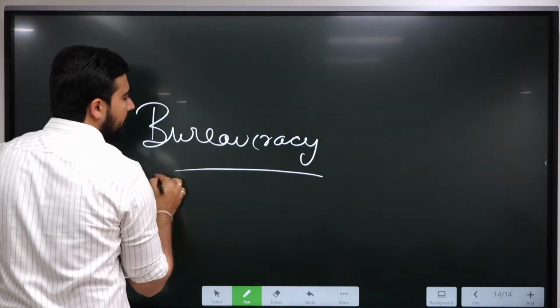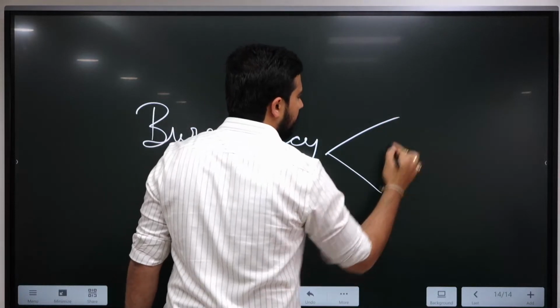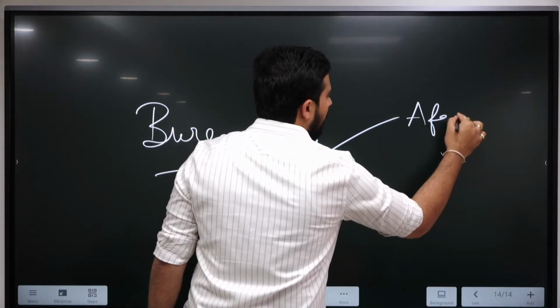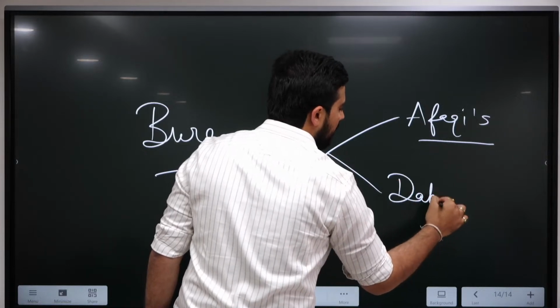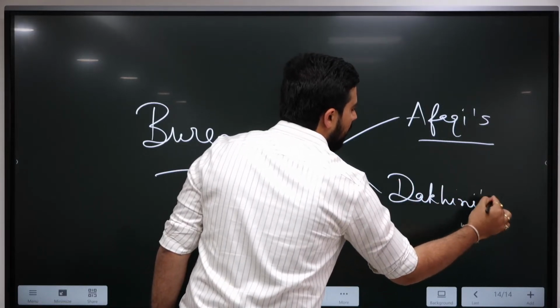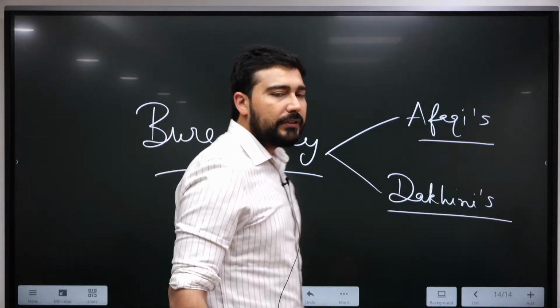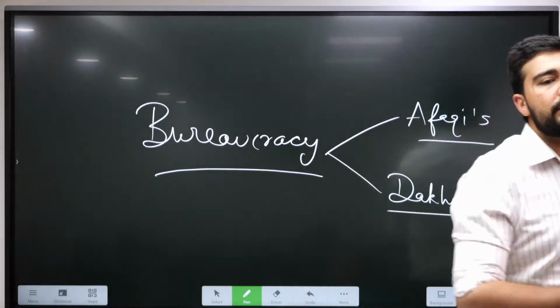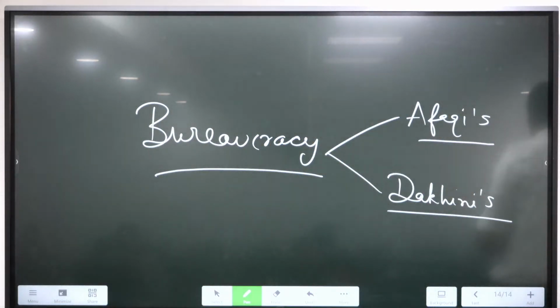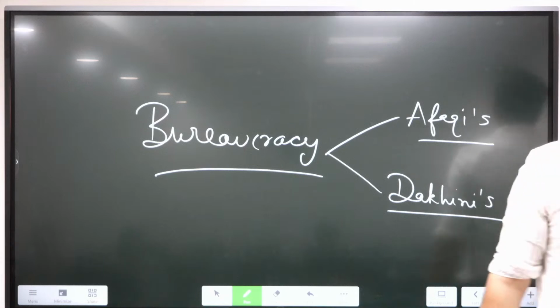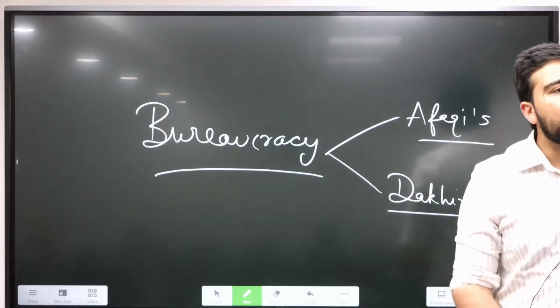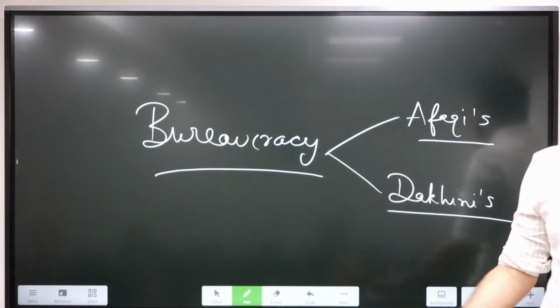There were two major groups, Afakis and Dakhinis. Afakis were the people who used to come from outside, from Persia, from other Arab countries, from Ethiopia. And Dakhini were the original bureaucracy of the area of Dakshin, that is your Bahmani area.